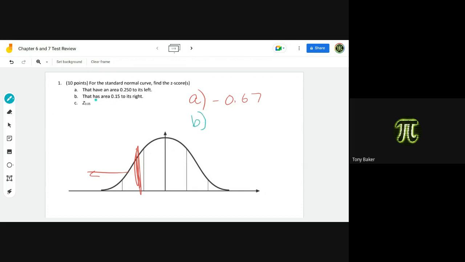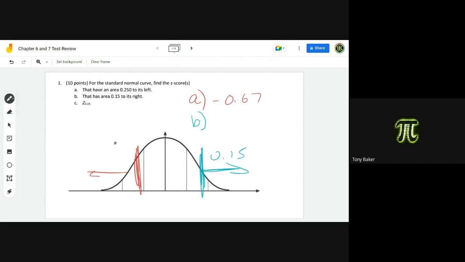So B says an area that's 0.15 to its right. So that's over here, and we're going this way. So what am I looking at on my table for this one? The 0.15 is what I want, right?